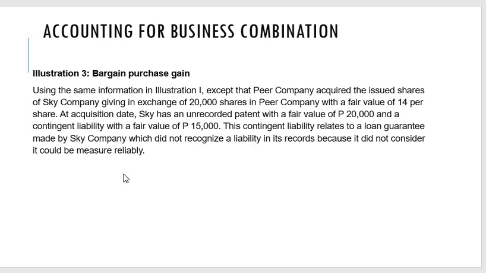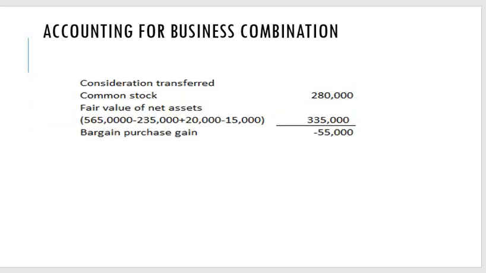Okay, so to compute for the goodwill or gain, actually this gain on acquisition, we have here the consideration transferred, that's 280,000. That's 20,000 shares times 14 per share. Then we deduct the fair value of net assets.